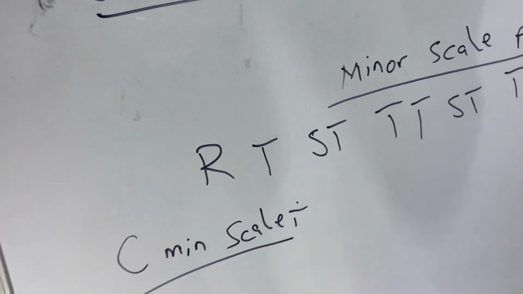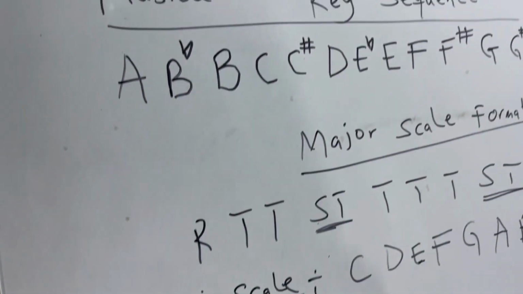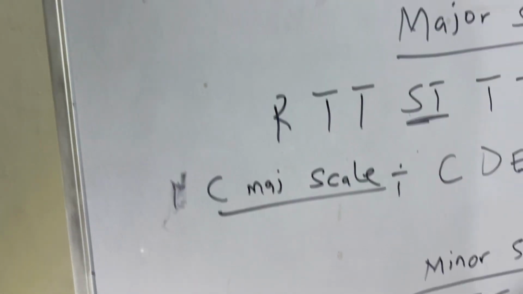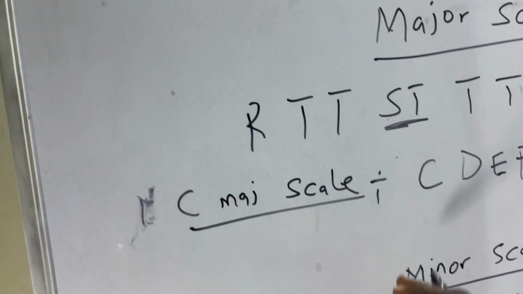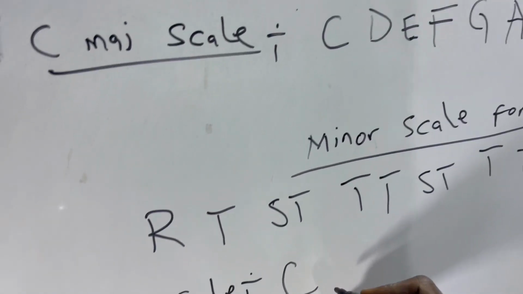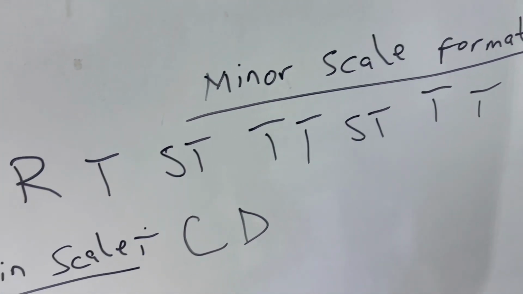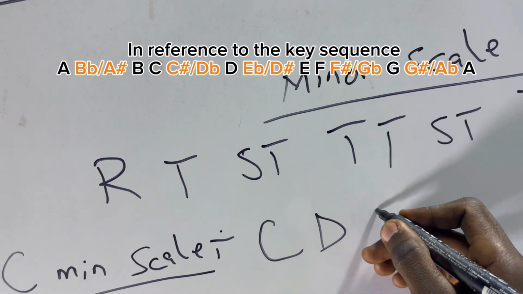Now you know the tone and semitone. So the root note from our sequence, our root note is what? C. So from C, a tone is what? D. From D, our semitone is what?